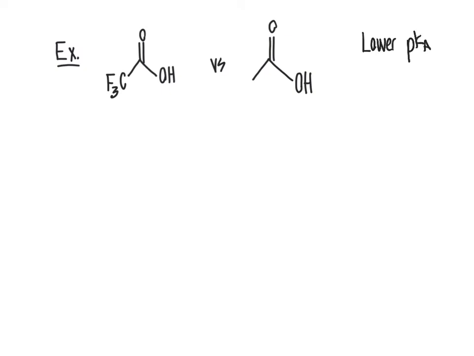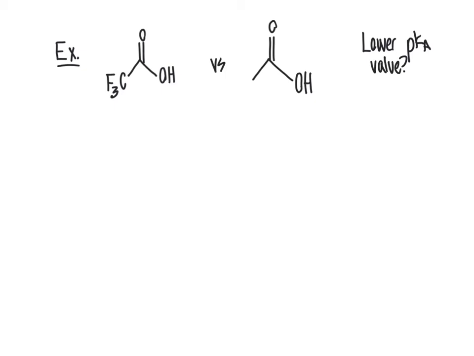So trifluoroacetic acid has a CF3 group here. It's a common biological reagent used in a bunch of different molecular biology applications, such as for precipitating proteins. And we'll compare that to acetic acid, which would have a CH3 group right here. So we want to ask which has the lower pKa value. In other words, which of these two molecules is more strongly acidic?